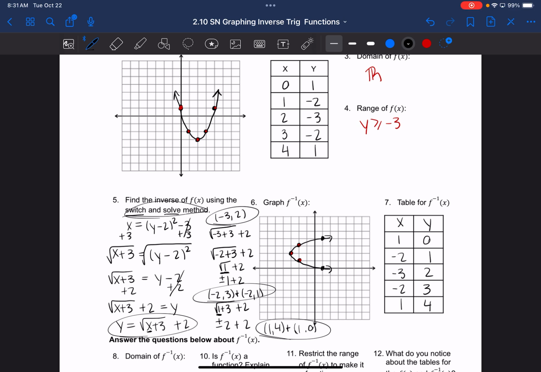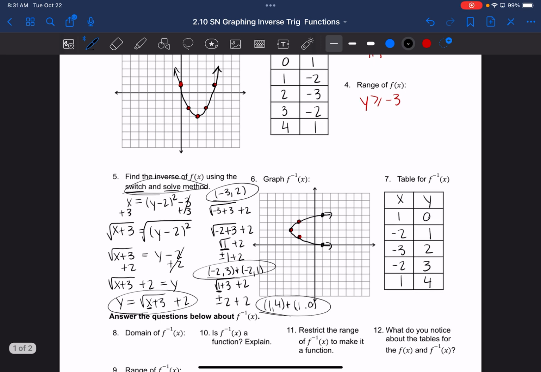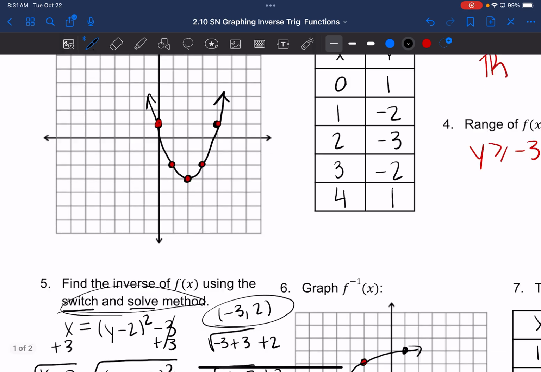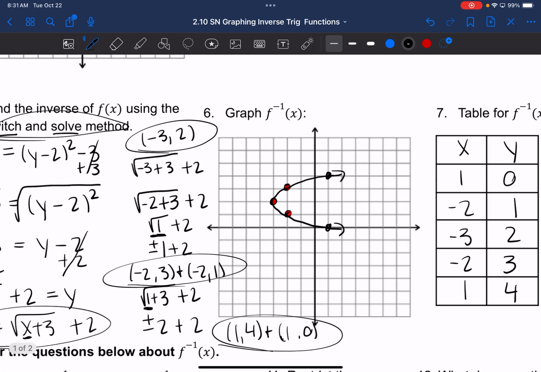Okay. Now, my first picture up here, was this a function? Yeah, what makes it a function? Yeah, the vertical line test or the x's don't repeat, right? Okay, what about this picture? Is this a function? No. Why not?